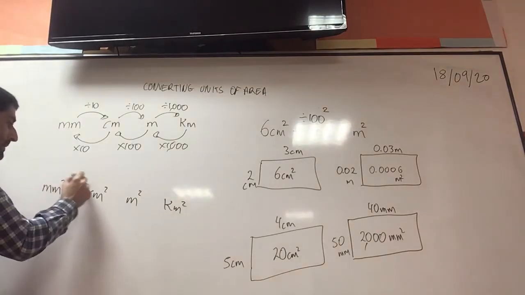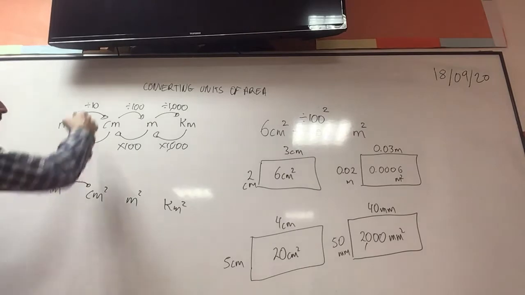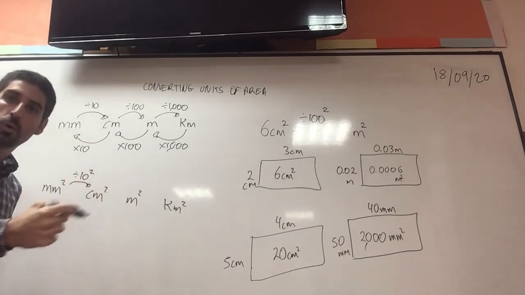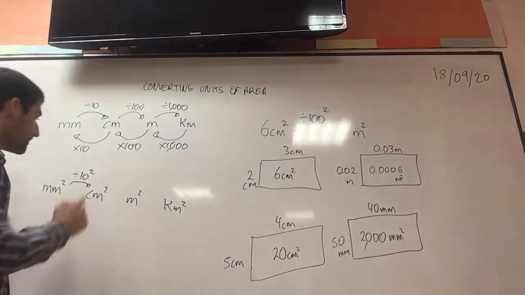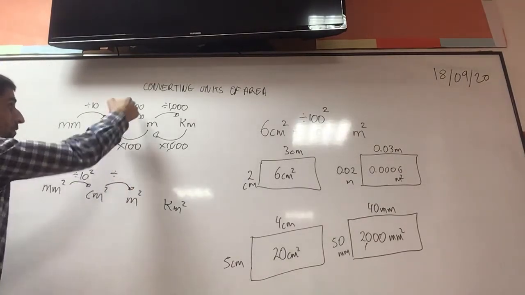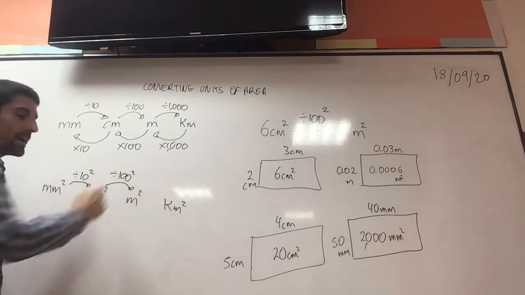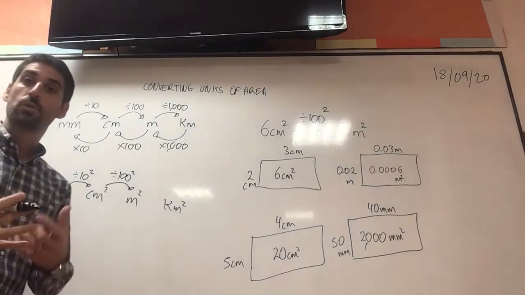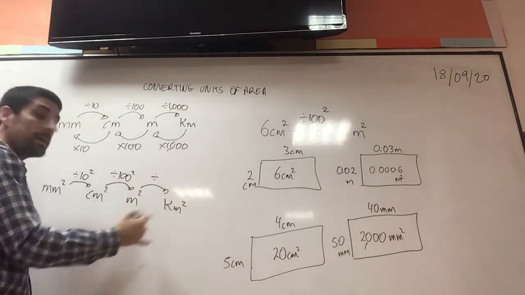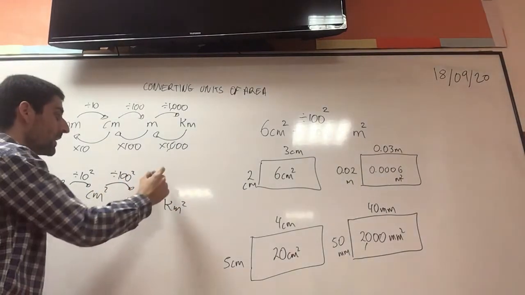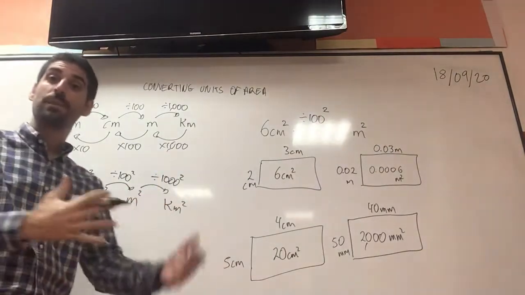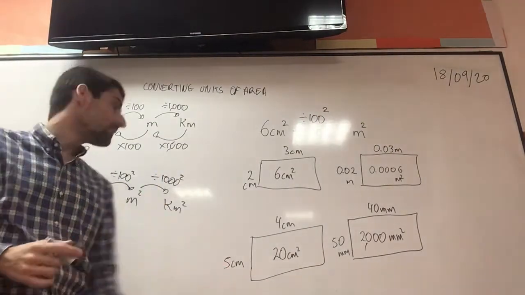From millimeter squared to centimeter square, I'm not dividing by 10. I am dividing by 10 squared, which is 100. Centimeter squared to meter squared, I'm going to divide by 100 squared, and 100 squared is 10,000. And here, meter squared to kilometer squared, I am going to divide by 1,000 squared. 1,000 times 1,000 is 1 million, okay?